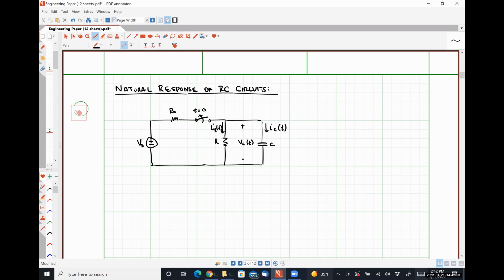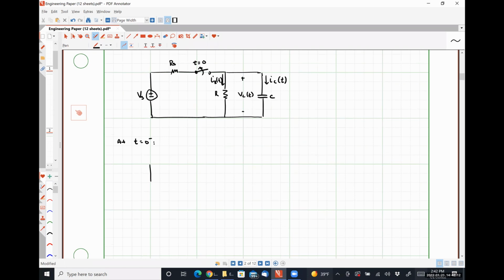So if we were to analyze this circuit at t equals 0 minus, it would look something like this. Excuse me, this should be at 0 minus.